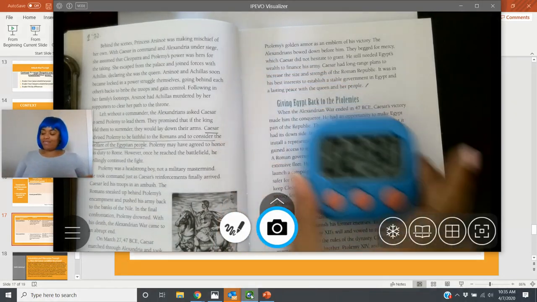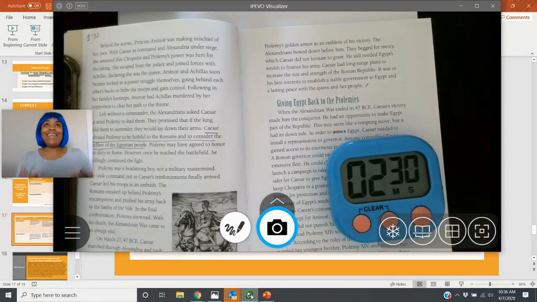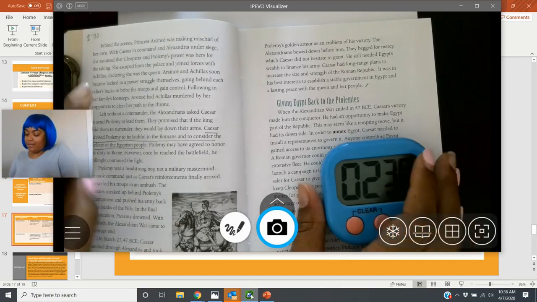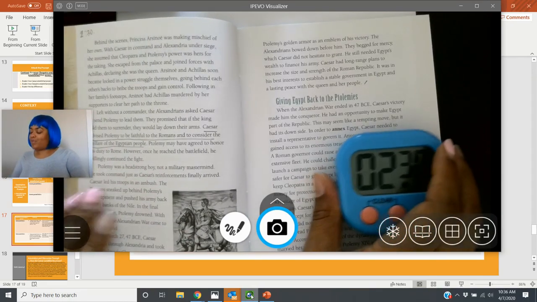So we have just finished reading, and now we need to find a piece of evidence that will show us how Caesar established himself or was able to create some type of power.